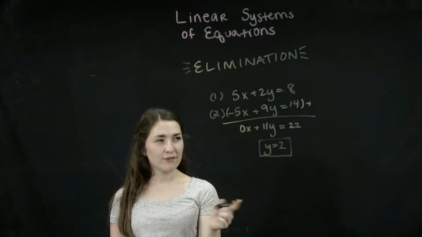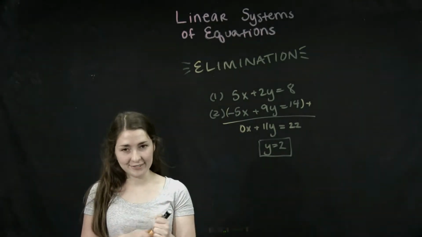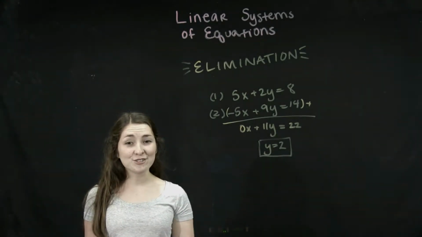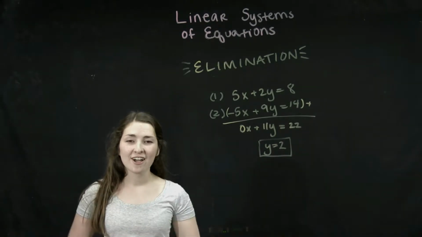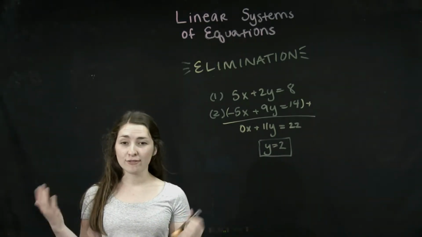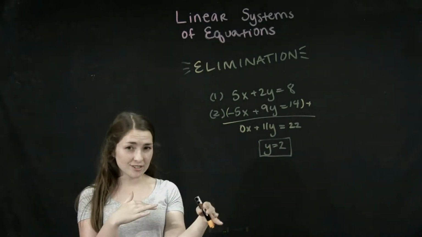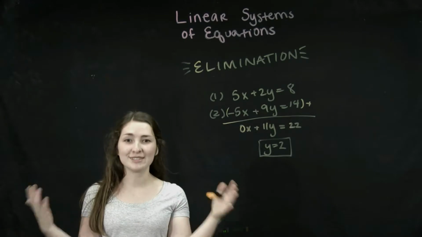However, if we backtrack here, why can I just add two equations together? Actually, we have this really cool property of addition called the addition axiom, and that means that if you have two things that are equal to each other, if you add equals to equals, then their sum is equal.